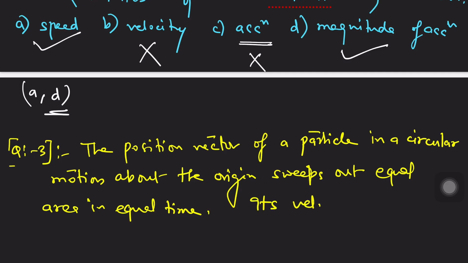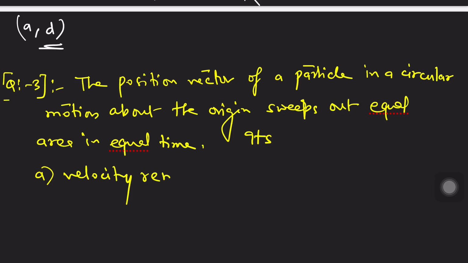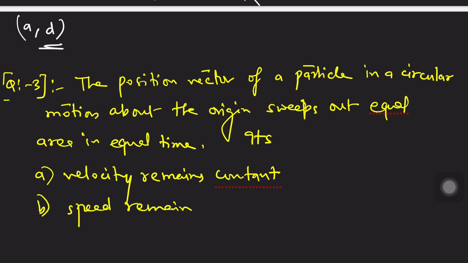Its velocity, option A, remains constant. B, speed remains constant.